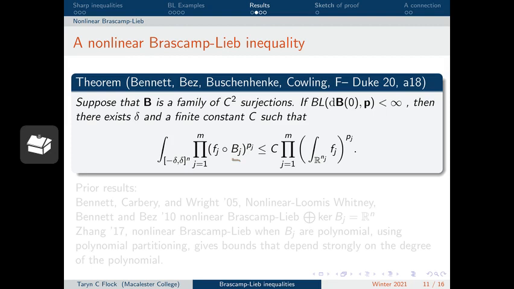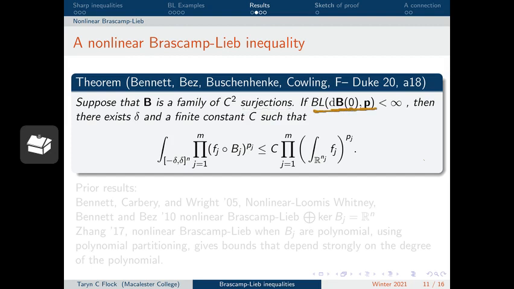Well, we require that they are differentiable and a little bit better than differentiable. We require that the derivatives of these nonlinear maps are always surjective, and that the family of linear maps that are the derivatives at some point, up to translation, we can consider it to be 0, give rise to a valid Brascamp-Lieb inequality.